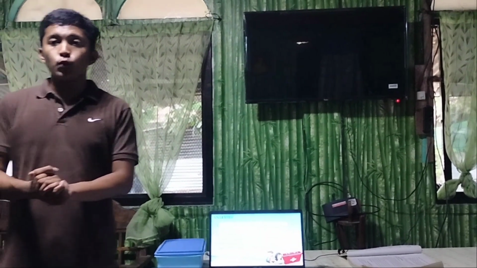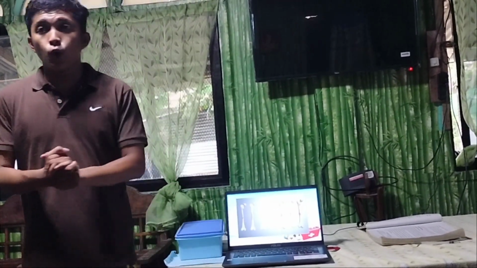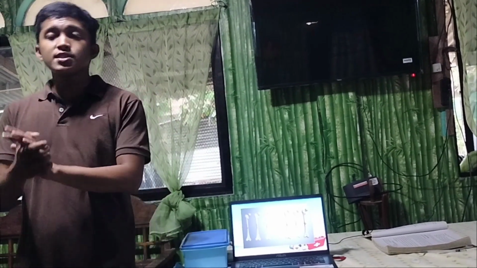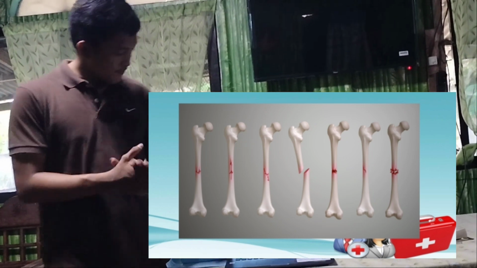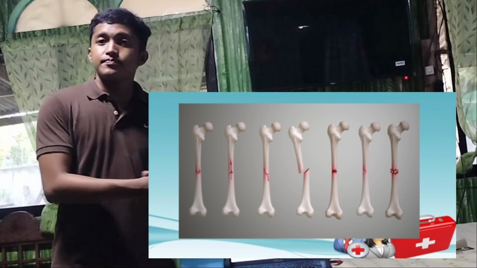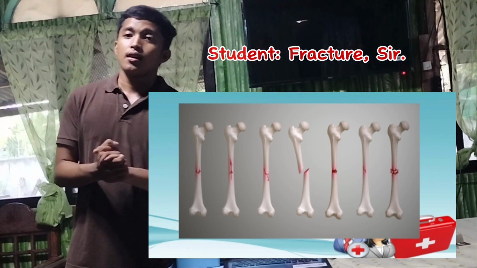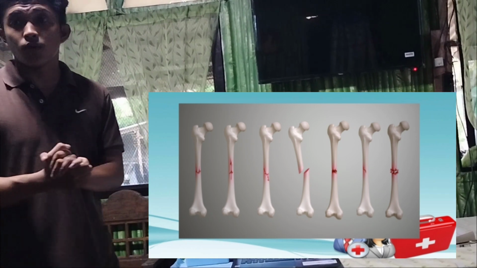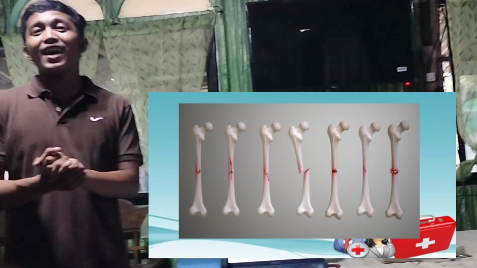Class, I will show you a picture and you will identify whether it is a fracture or sprain. So the first picture shows what? Okay, Miss Agana, explain why is it a fracture?